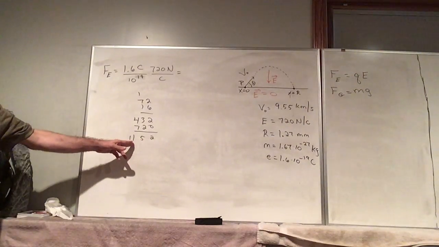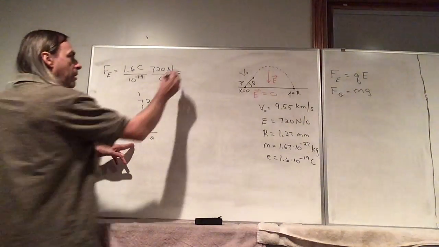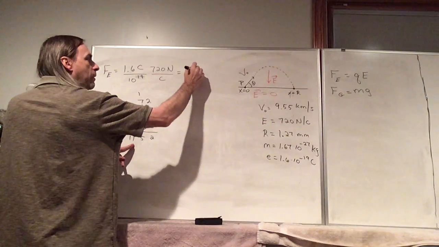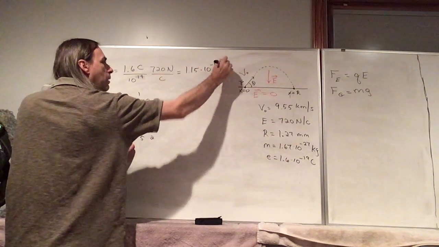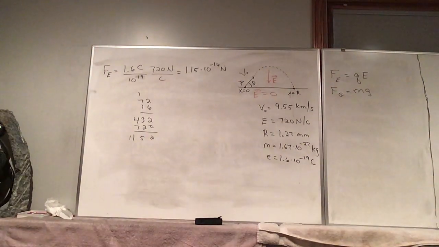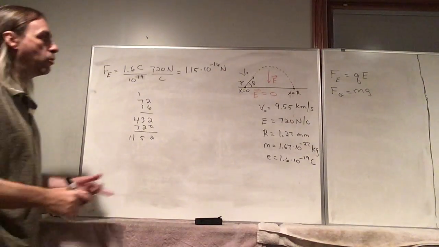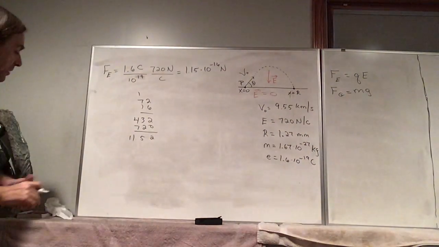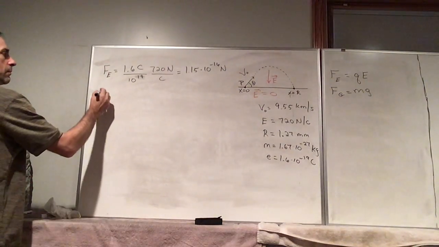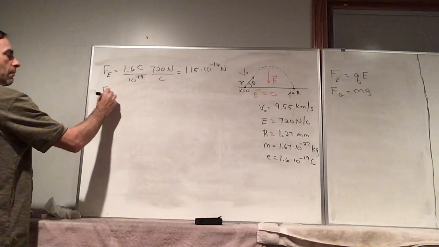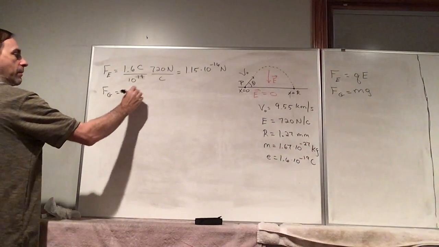So I'm going to divide by 1,000. We have roughly 1.155 times 10 to the minus 16 newtons. So that's the electric force on this proton in this region. And now let's calculate the gravitational force, just mg.